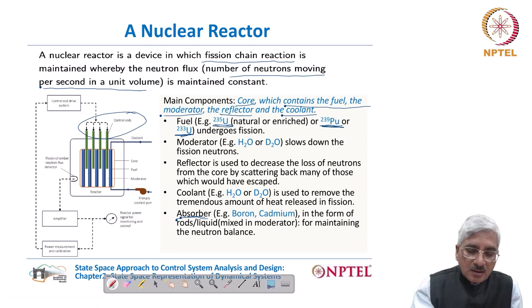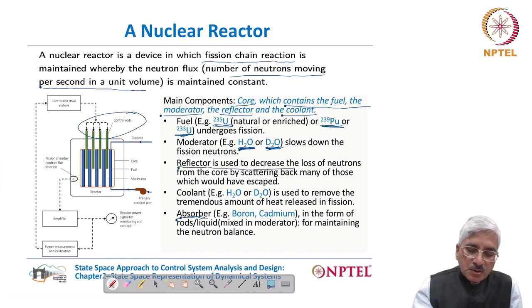Moderator is generally light water or heavy water. D is another form of hydrogen which has a proton, a neutron and an electron. H has only a proton and an electron, it doesn't have a neutron. So D is heavy hydrogen and D2O is heavy water. In some other reactors, the moderator can be beryllium, etc.